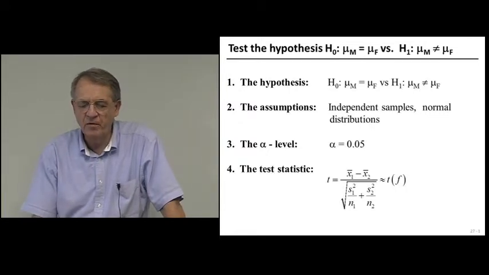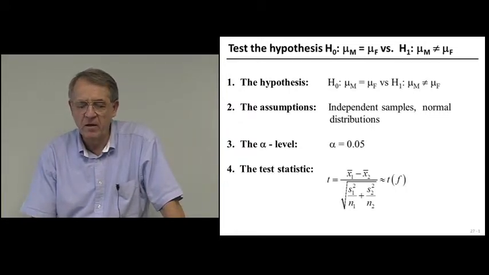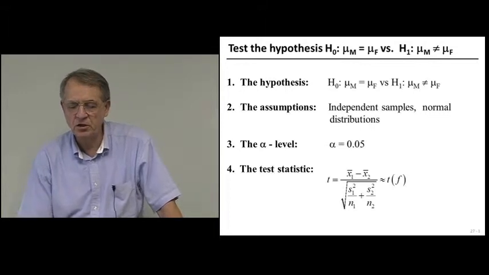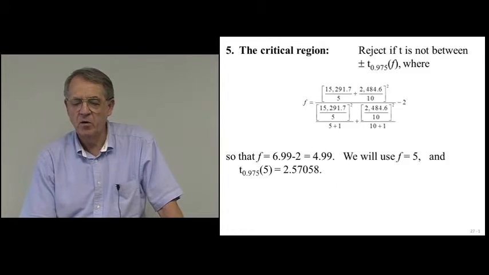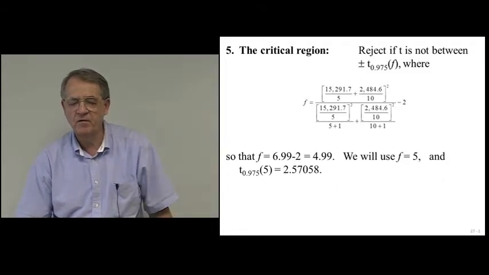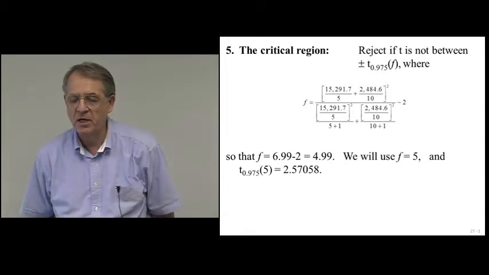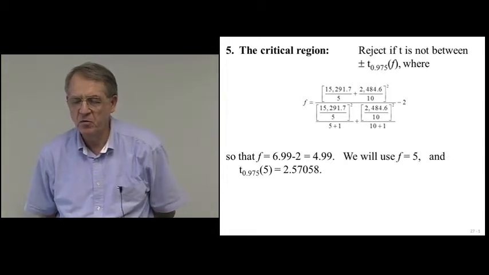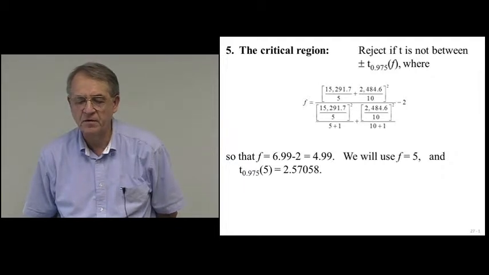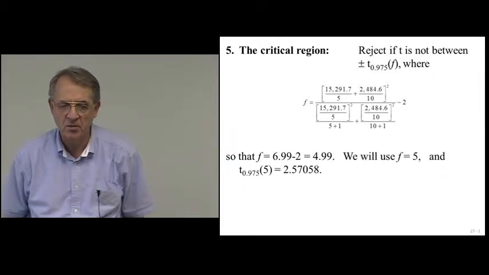Then we're going to use our old friend alpha equal to 0.05, and we're going to use the test statistic that I just showed you in an earlier slide, as is repeated here. We're going to reject the null hypothesis if the value we calculate for t is not between plus or minus t sub 0.975 with f degrees of freedom, where we have to do this cumbersome calculation.